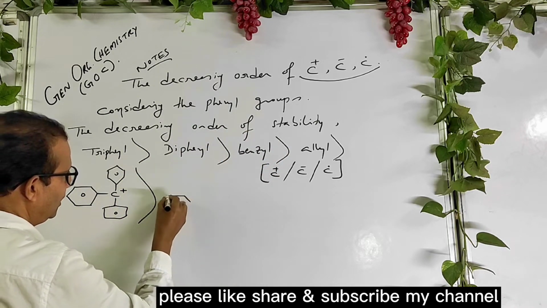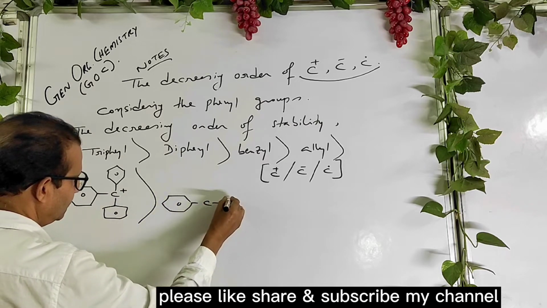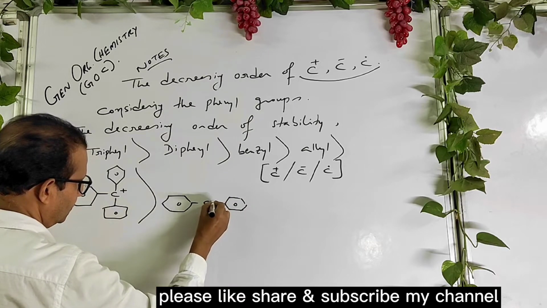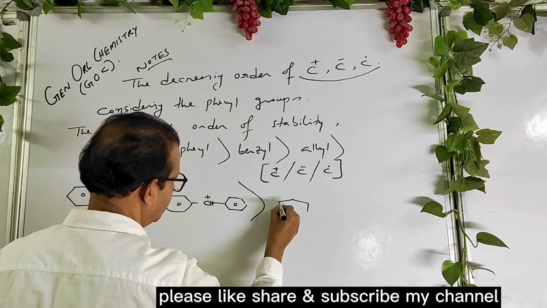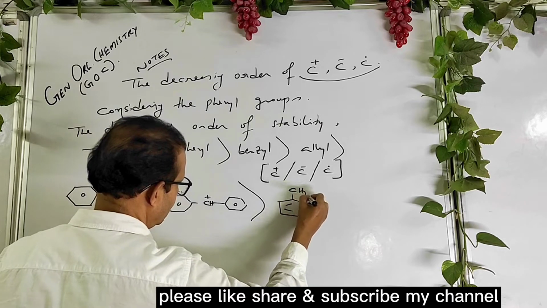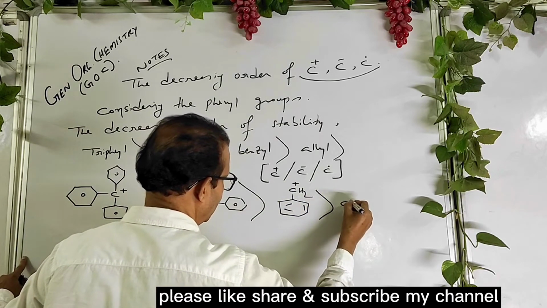Then diphenyl, then benzyl. If a benzene ring contains CH2 on the head, it is benzyl, and then allyl.